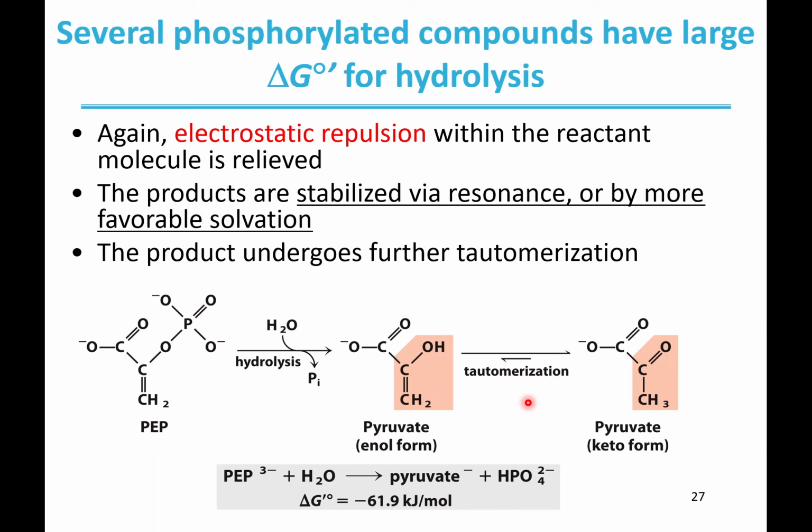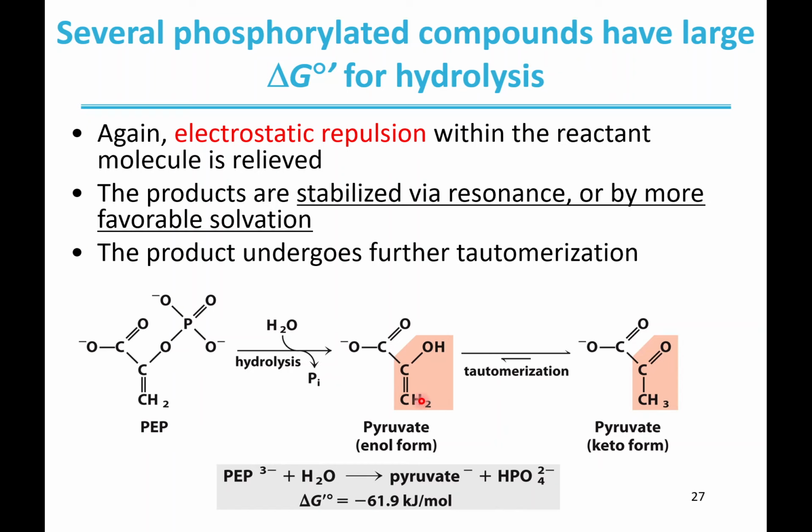An example of that is shown here. There's a molecule called PEP, a very high energy molecule, extremely high energy. When it loses that phosphate group, it leaves pyruvate in the enol form.